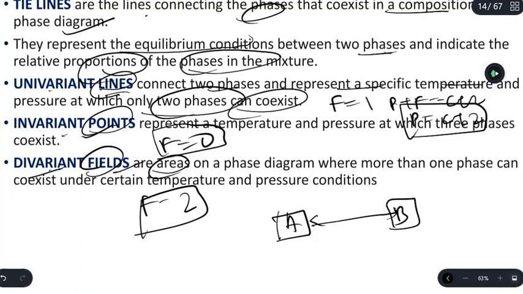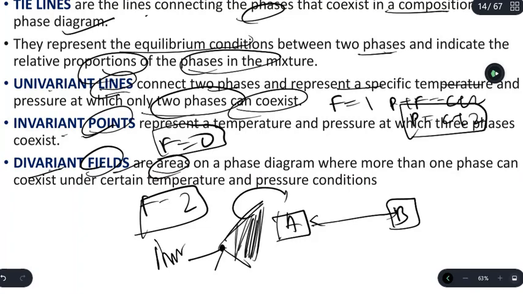Divariant is an area. So this is all about the divariant situation, this point is all about the invariant situation, and this line is all about the univariant situation. Is this clear or not?